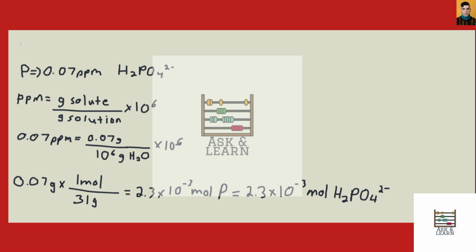The density of water is 1,000 grams per liter. So 10 to the 6 grams divided by 1,000 grams per liter equals 10 to the third liters.